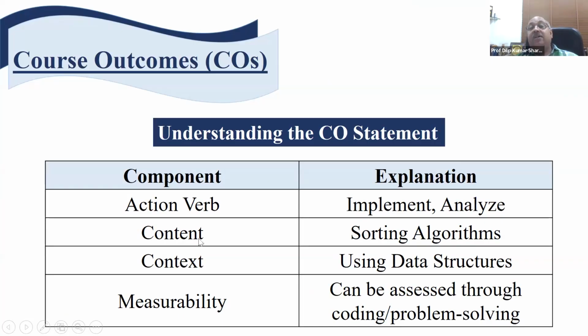Content: you have to define content in the CO statement, like in the previous example, sorting and searching algorithms. Context means using data structure techniques. Measurability means quantify, so it can be assessed through coding and problem solving skill. That is the way of measurability.